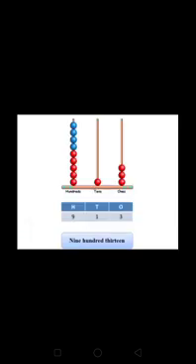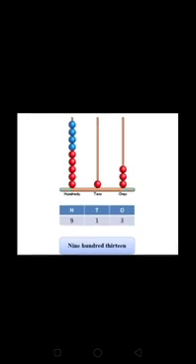Now see children, this is 3 spikes of abacus which represent 3-digit number. Ones place represents 1-digit number, tens place represents 2-digit number, and hundreds place represents 3-digit number.